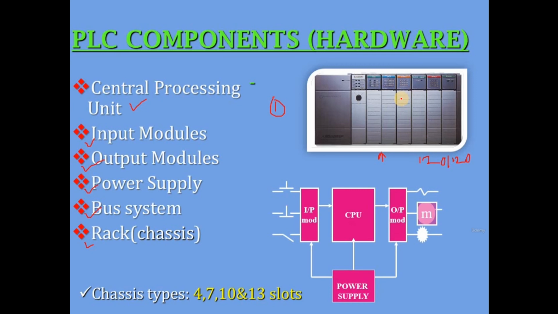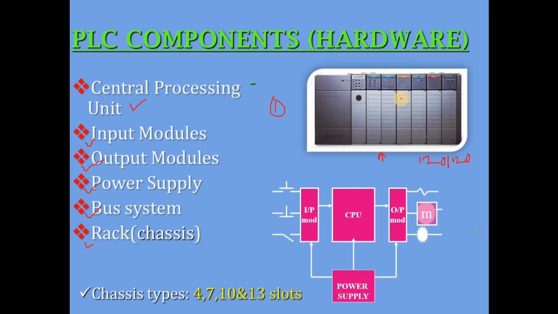In some cases, we don't even know about this concept that we can connect a number of PLCs to each other. In the Allen Bradley PLC, we can connect 3 PLCs to each other. In that case, we have to think about a few more things. If you have connected these 3 PLCs to each other, the most important part is that the CPU should be inserted in only one PLC.